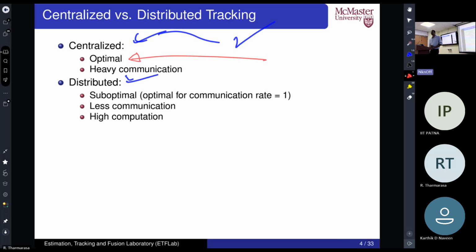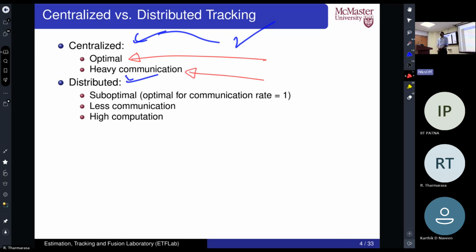Okay. Then why will people go for a distributed case, right? I said that centralized is easier to implement and an optimal implementation as well. Then why do you worry about distributed? One reason is communication.